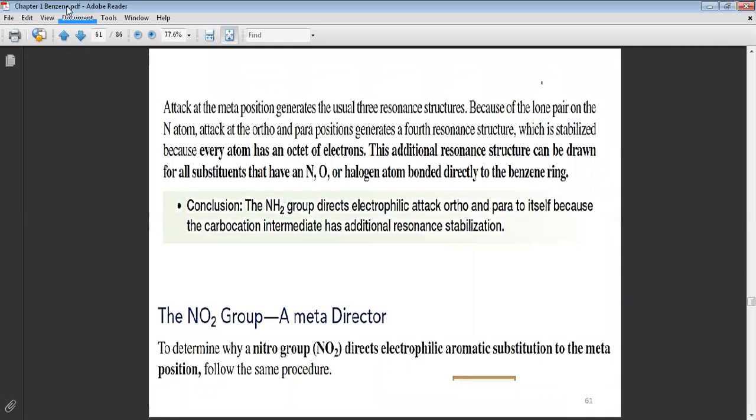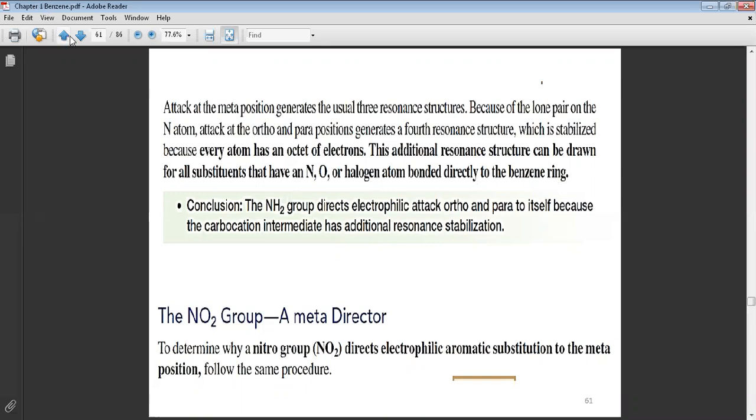Okay. Now, if we take the NO2 group, it is a meta director. What he said here is that attack at the meta position usually generates 3 resonance structures because of the lone pair on the nitrogen atom. Attack at the ortho and para positions generates 4 resonance structures, which is stabilized because every atom has an octet number. This additional resonance structure can be drawn for all the substituents that have a nitrogen, oxygen, or halogen atom bonded directly to the benzene.